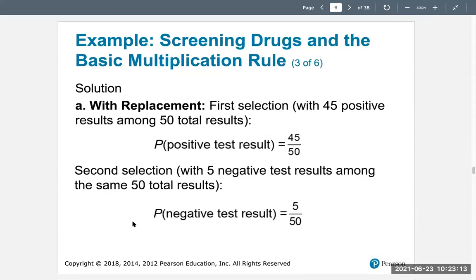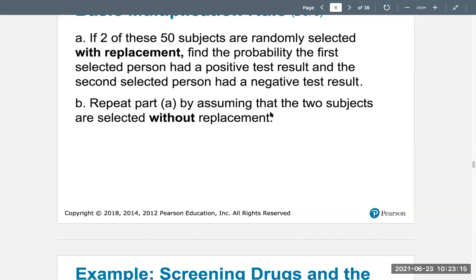Now let's look at the second part. It says 2 subjects are selected without replacement.